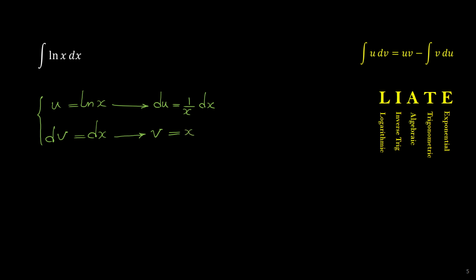Now if we use the integration by parts formula, this integral is u times v. u is ln of x times v, which is x. So ln of x times x minus the integral of v, which is x, times du, and du is 1 over x dx.